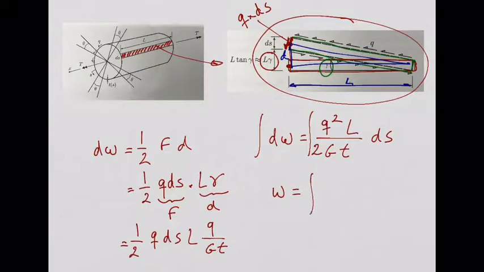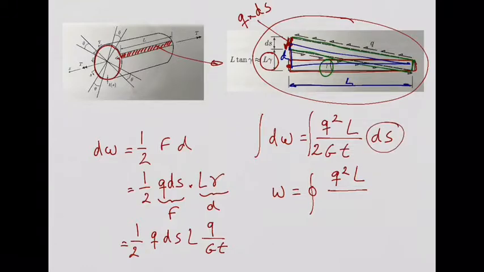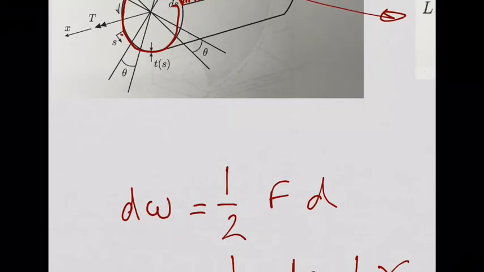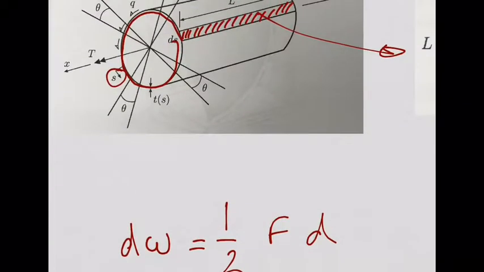And then this is going to be the contour integral, right? Don't forget, we are integrating on this S variable. This S variable is the variable along the skin of the cross section, right?